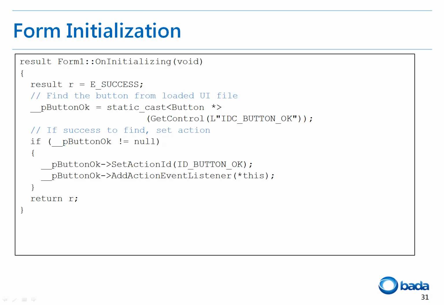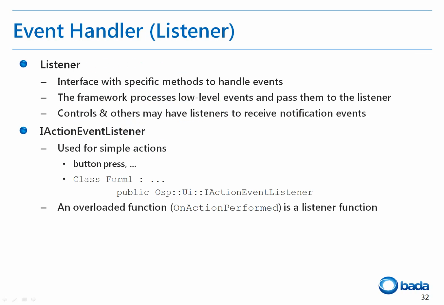If the button instance is available, the action ID is set and the action event listener is added. A listener is an interface with specific methods to handle events. The framework processes low-level events and passes them on to the listeners. Controls and other classes may have listeners to receive various notification events.